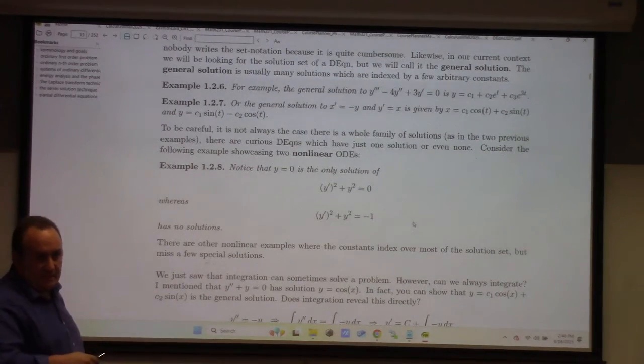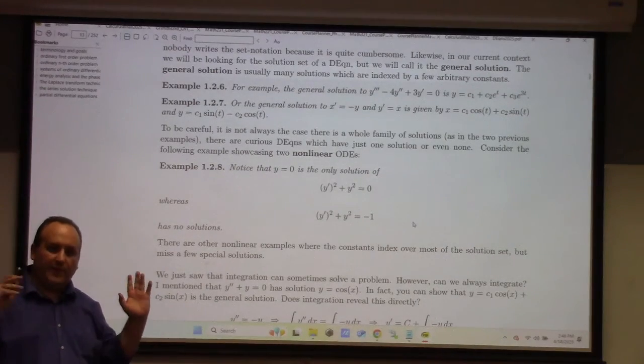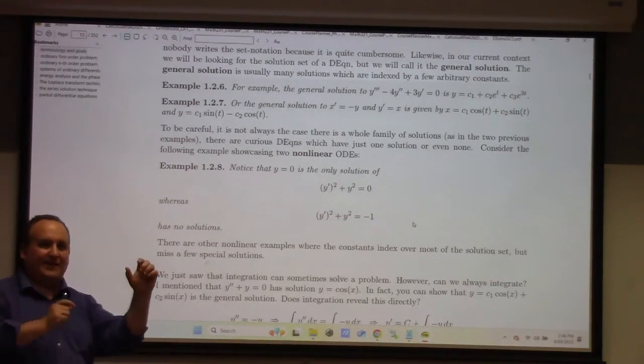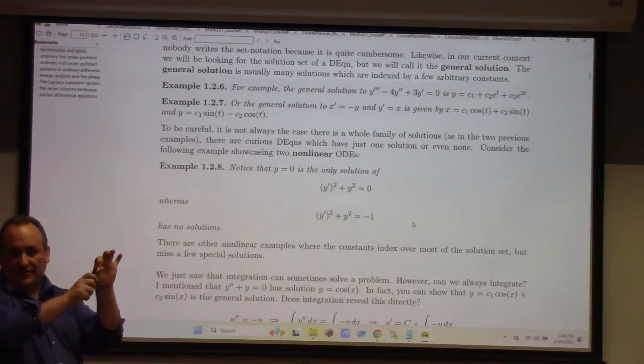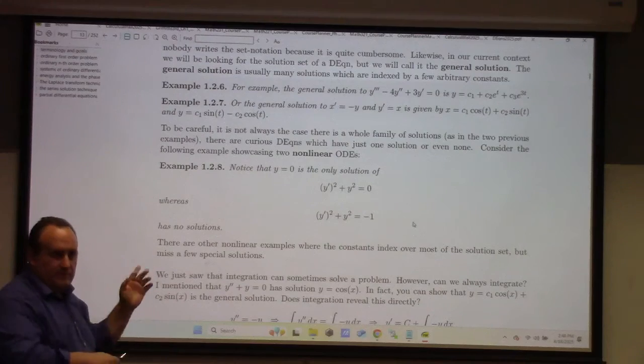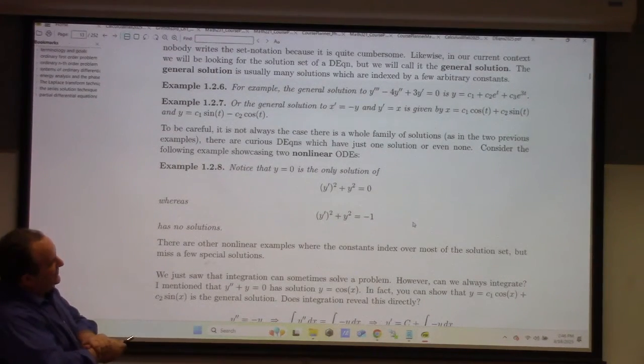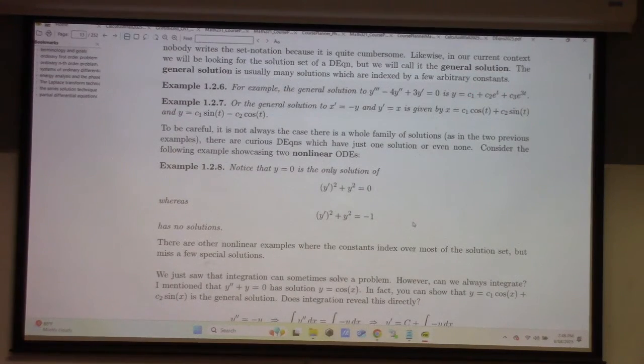But at that point, we're stuck, because we have y double prime and y. We can't isolate just a derivative to integrate again, because the derivative and the dependent variable are both present. So we can't just integrate, because we're at an impasse. But at the same time, the first integration does show you why there are constants here.